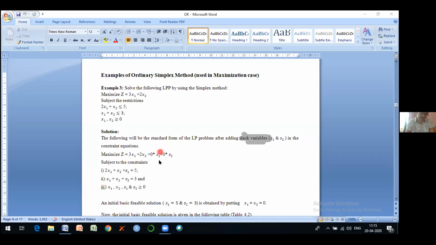That means we are not taking anything, although we have to write. So maximize Z equal to 3x1 plus 2x2 plus 0s1 plus 0s2, because the objective function is already in the equal form.